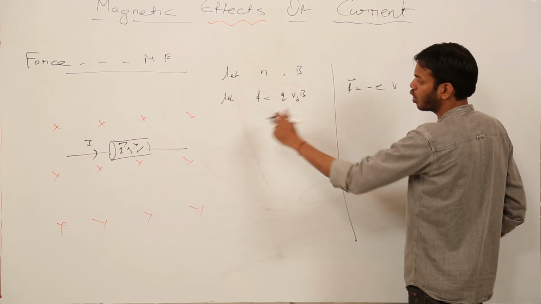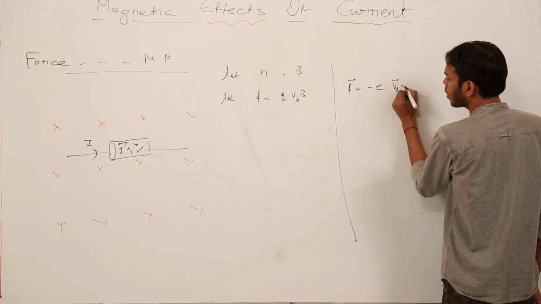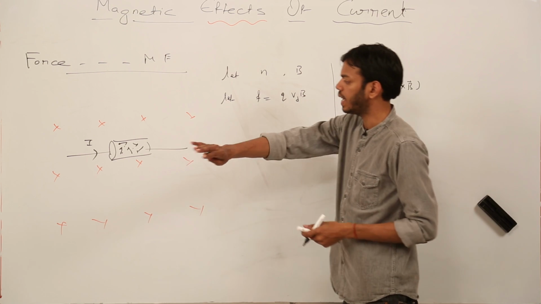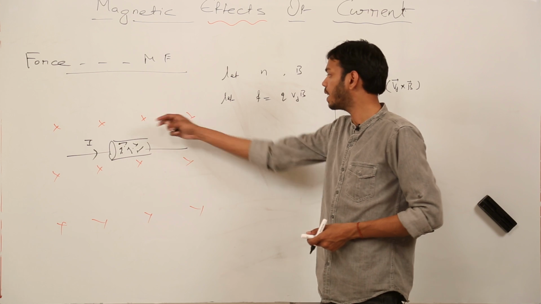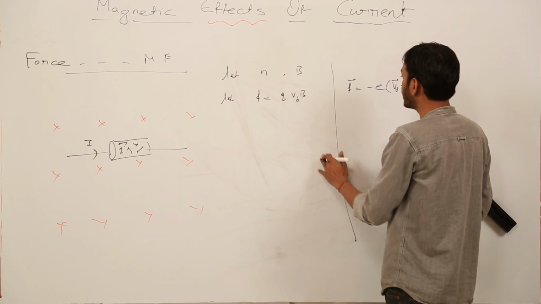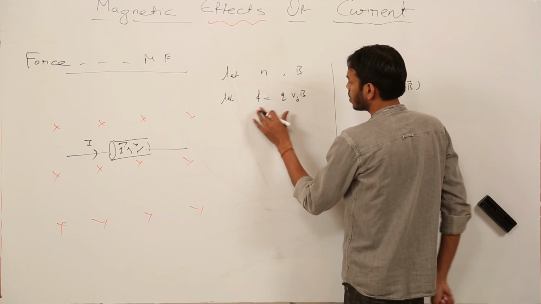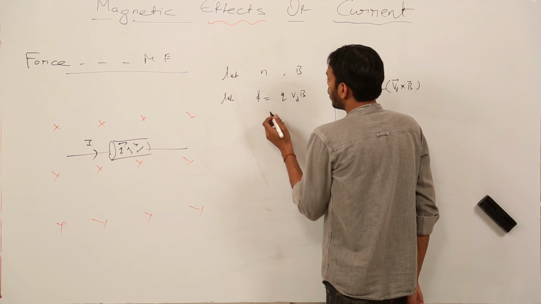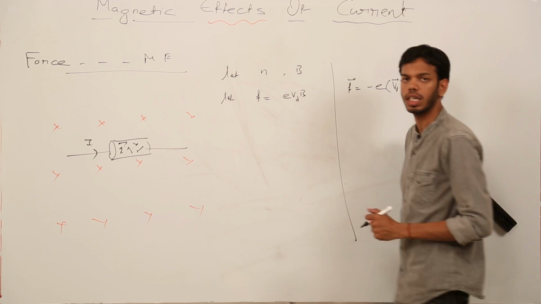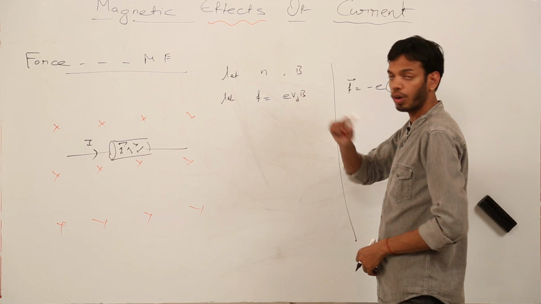Charges are moving with drift velocity. So Vd cross B. And I have taken the perpendicular direction of the magnetic field, so sin theta is sin 90, which is 1. So I don't have to write sin theta everywhere. Instead of Q, I should be writing e because that is the charge we are talking about, one charge.